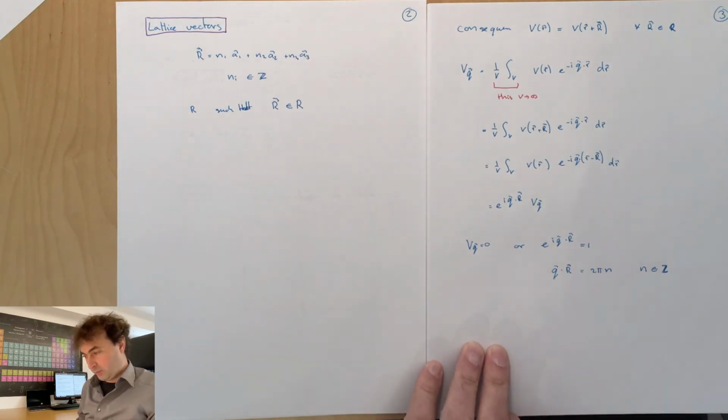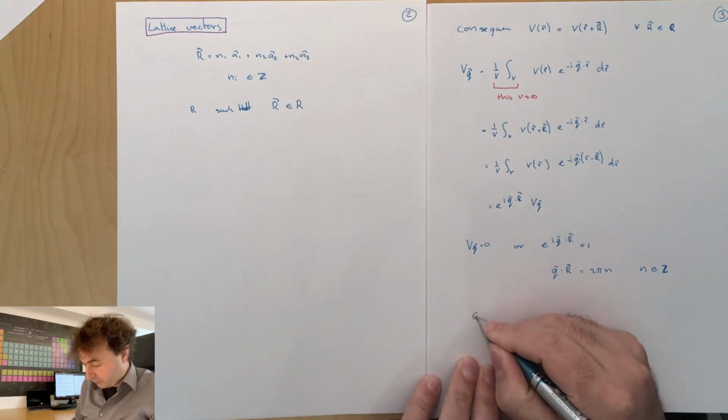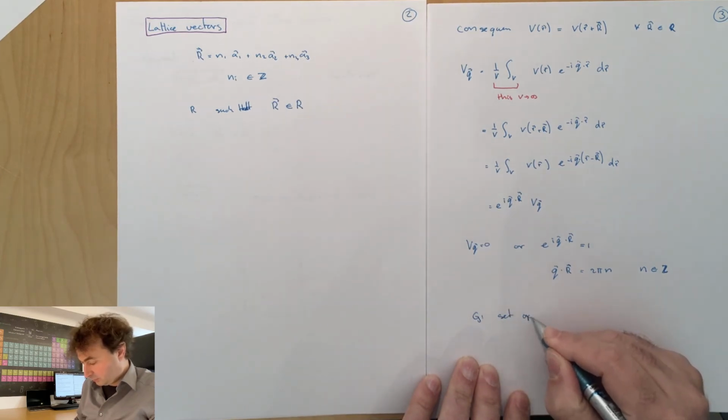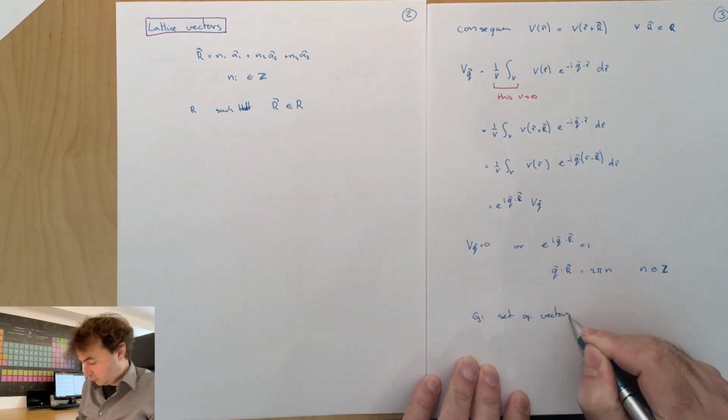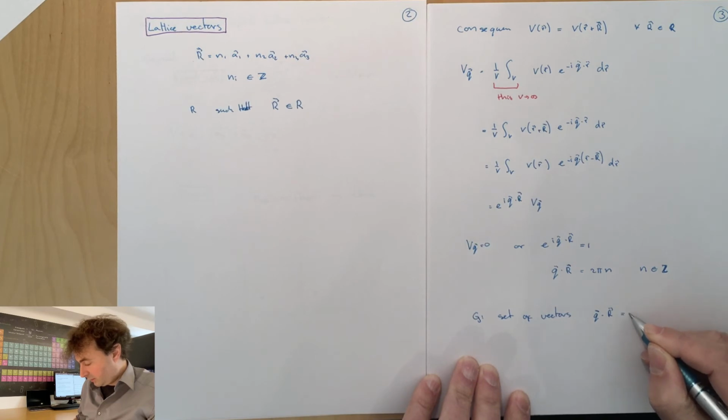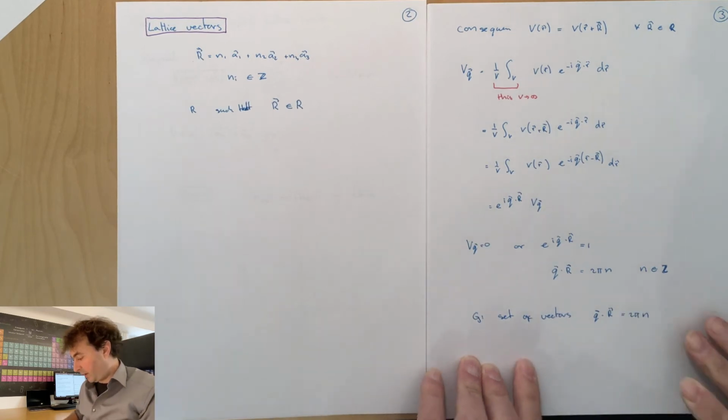We can now define the set of all scattering vectors for which this is true. So G is the set of vectors for which Q dot R is equal to 2 pi n.